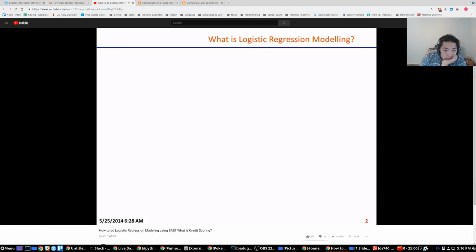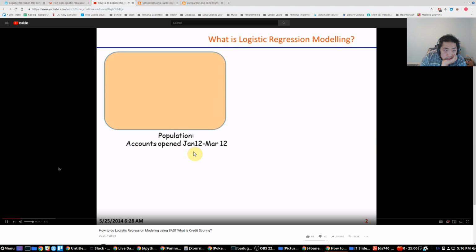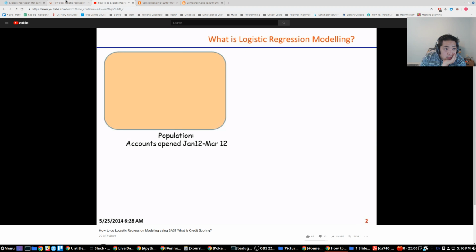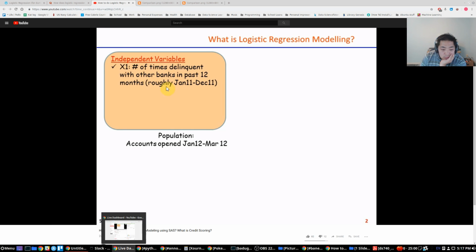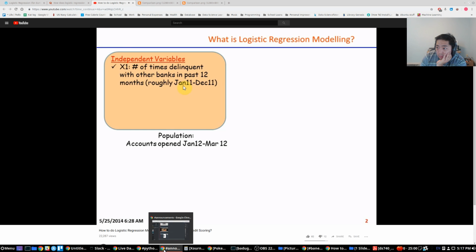Let's take a scenario. You have a set of accounts which were opened between January 12 and March 12, and you have a lot of their behavior as of the account opening date. For example, the number of times delinquent in the past 12 months with other banks. So it is roughly January 11 to December 11 performance for the accounts opened in January 12.